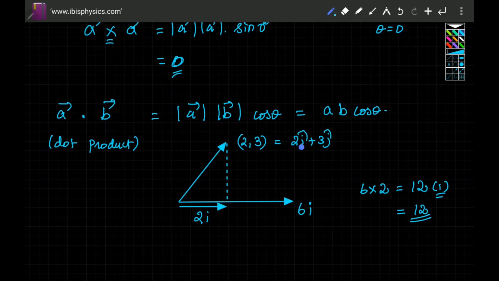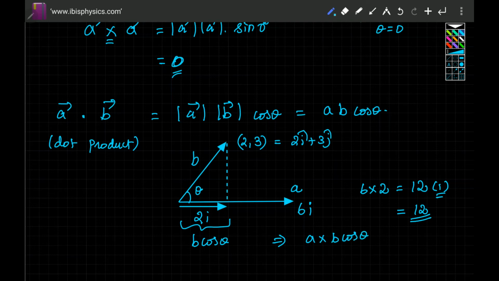Suppose you don't know 2i cap plus 3j cap, but you know this length is B and this is theta, then this is going to be B cos theta, and this is A vector, which is A, so we multiply it as A into B cos theta.